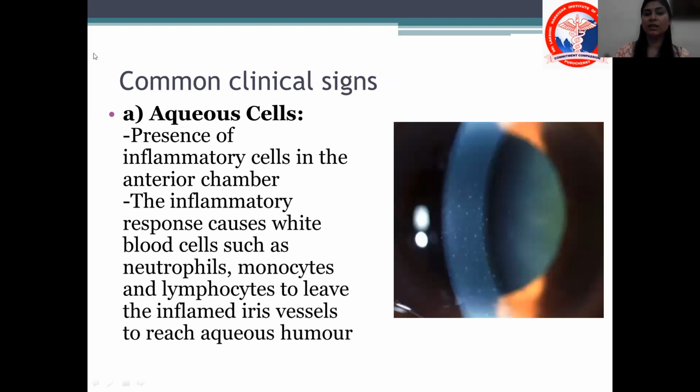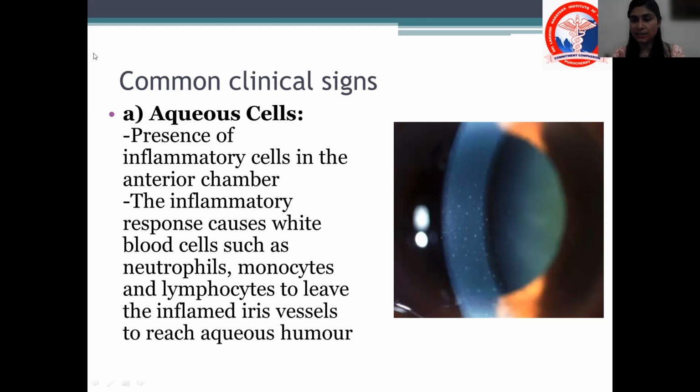There are a few clinical signs that we can see. There are aqueous cells and aqueous flare. Circumciliary congestion is an important sign. Circumcorneal or circumciliary congestion is present. It can be a sectoral congestion, where only a sector is affected, but most commonly it is circumciliary congestion.